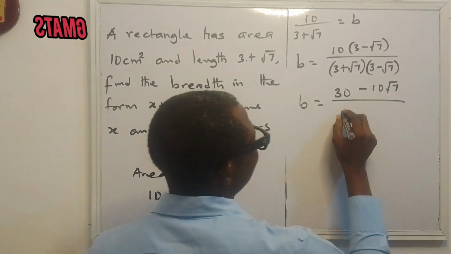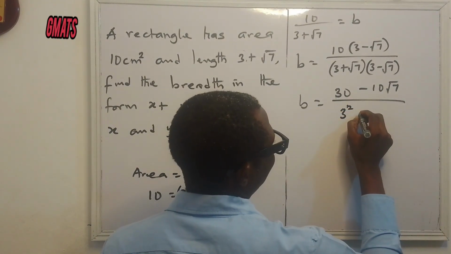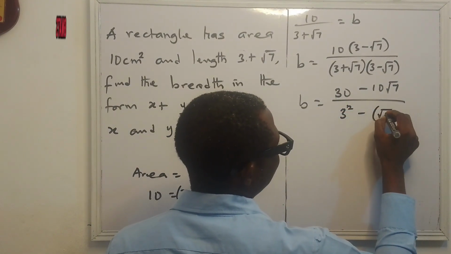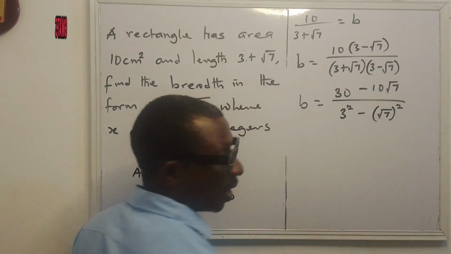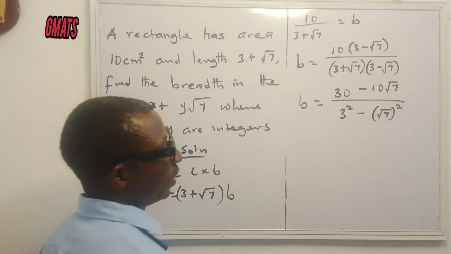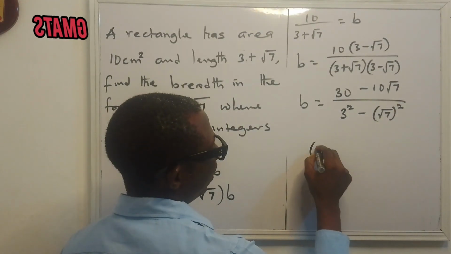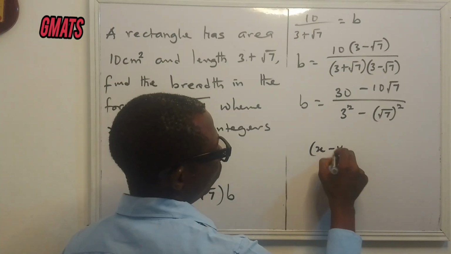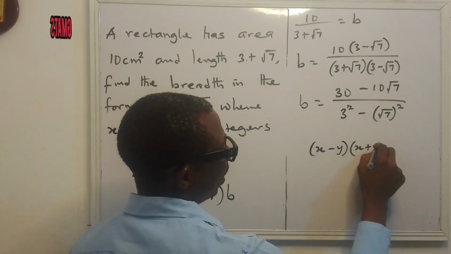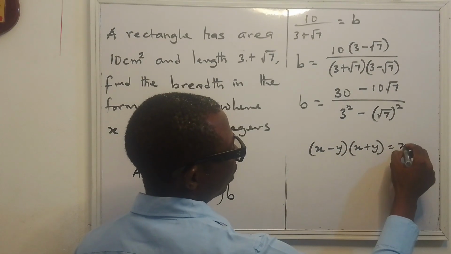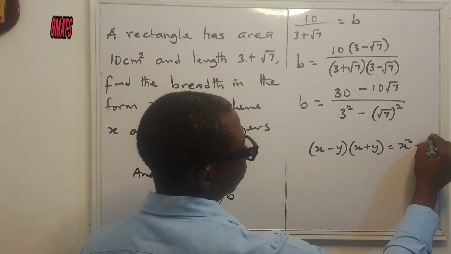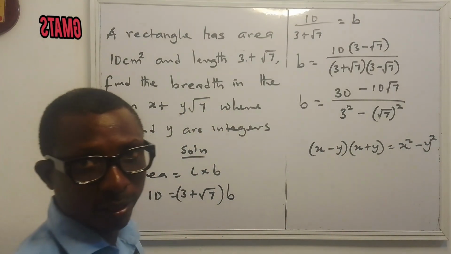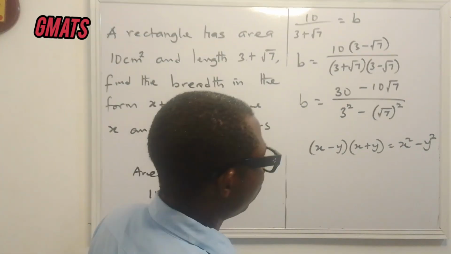So this is the same thing as 3 squared minus square root of 7 squared. I hope you understand that. When you have x minus y and x plus y, the result is x squared minus y squared. So that's difference of two squares.